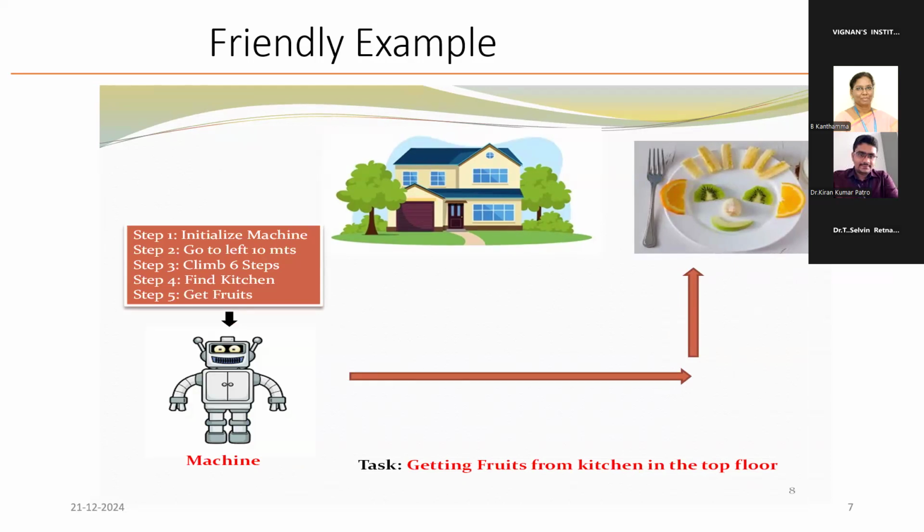First, you have to initialize the machine. Then you go to the left side. Please see that arrow, see my cursor. You go left 10 meters, and you will find some steps and climb 6 steps. Then you will find the kitchen. Then you will get the fruits. These types of algorithmic instructions you have to give to the machine.